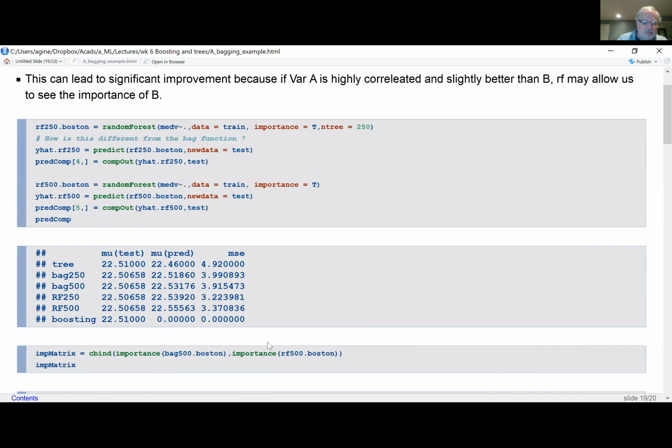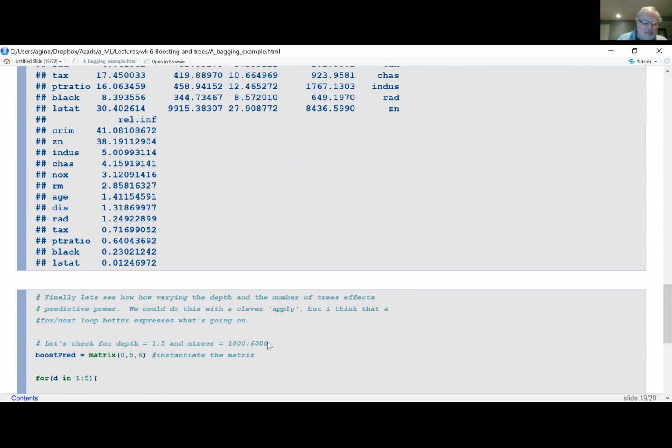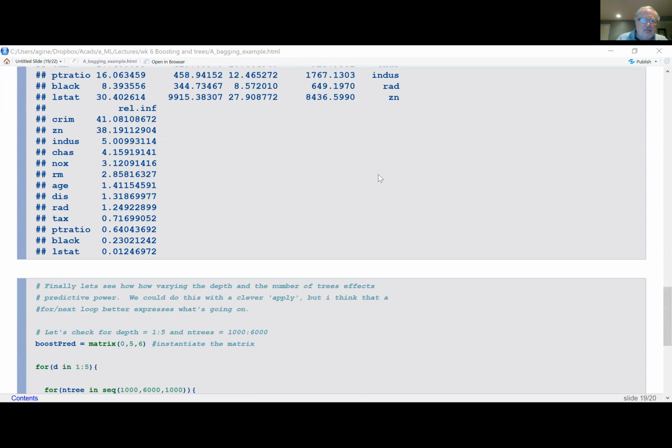Where is that? It's over here. So, hold on. 20, 1, 2, 3, root. Yeah, so, what did I have?